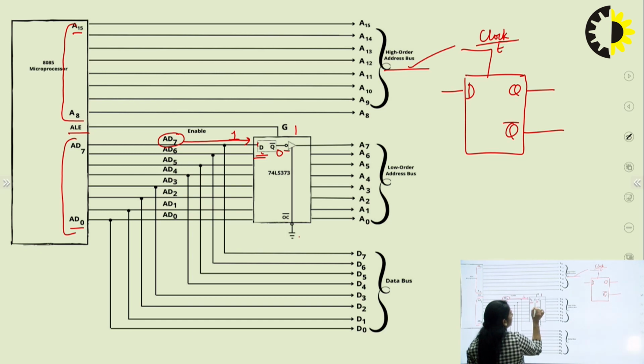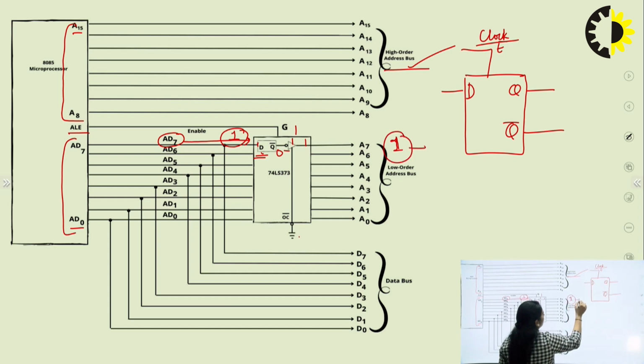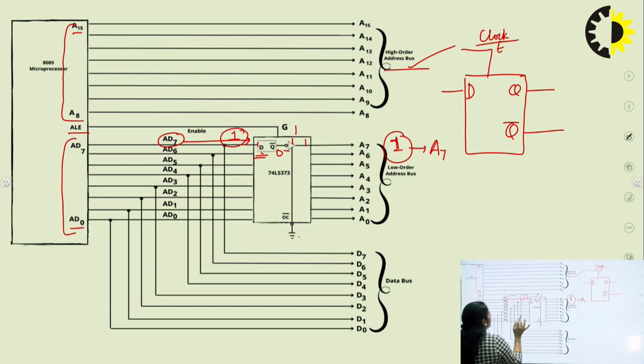Here it is an inverter, the bubble will invert it, the 0 will become 1. So 1 was the input, 1 is the output. It is A7 now. All this will happen for all the 8 address lines. All these lines will be our low order address bus.